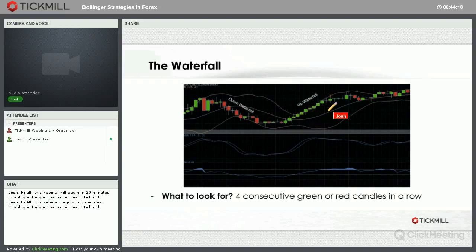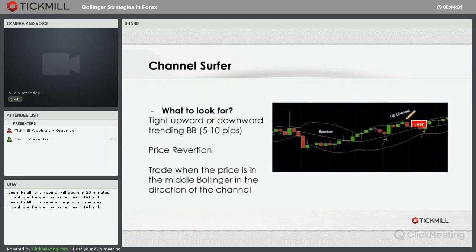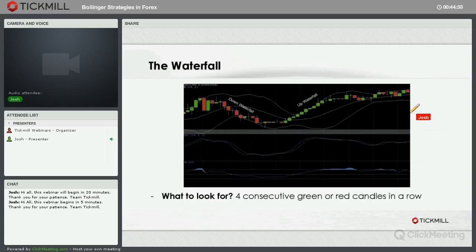It found no need to even come down and find supply at the moving average. It continued up and up and up, and then it actually started to lose steam, and look what it turned into. It actually turned into a channel surfer, right? So all of these formations are interconnected, and that's the beauty with this. You can play all of them when you identify them.